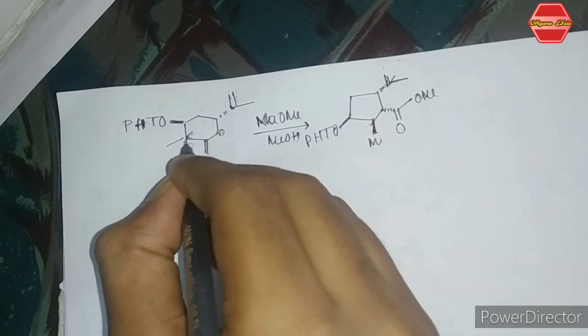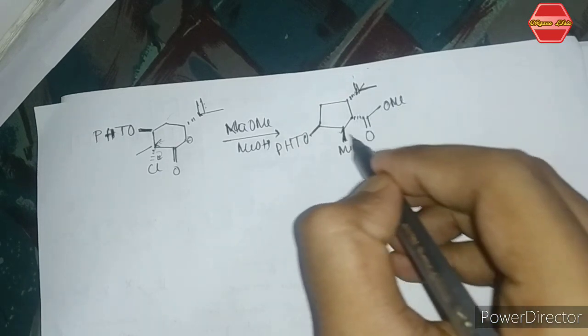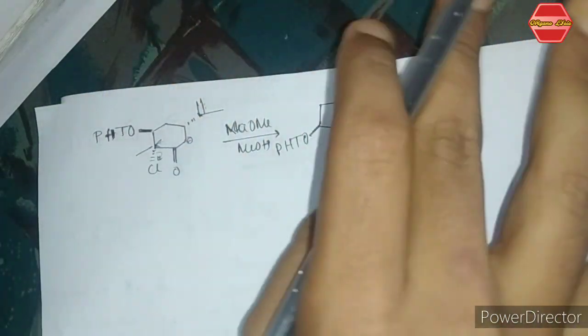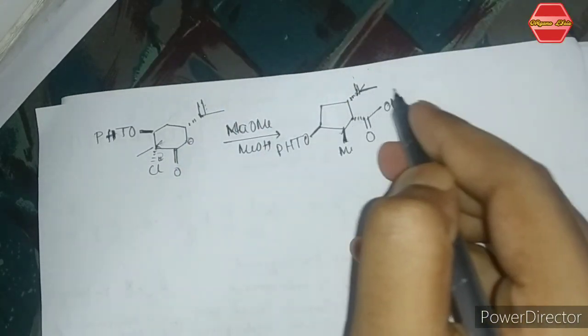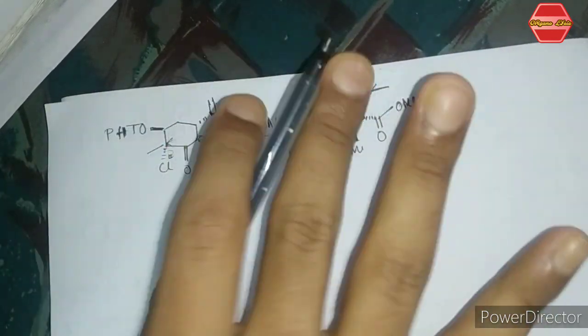Now see, this Cl is on the back side, and here in the formation of CO2Me, after the 6-member ring to 5-member ring formation, this CO2Me group is also on the backside. So this is called stereoselectivity.